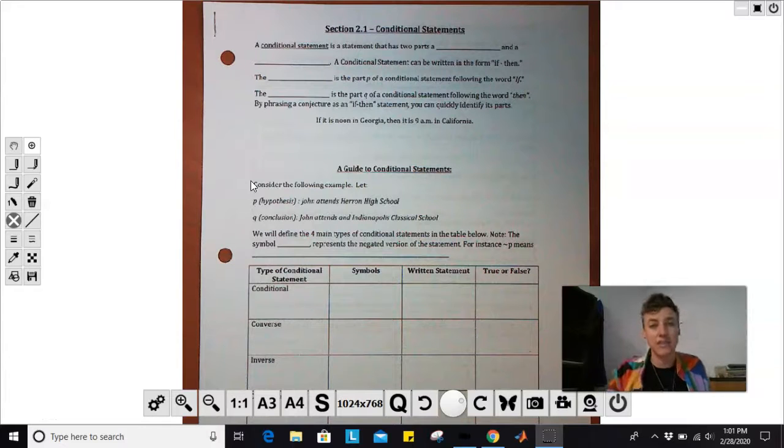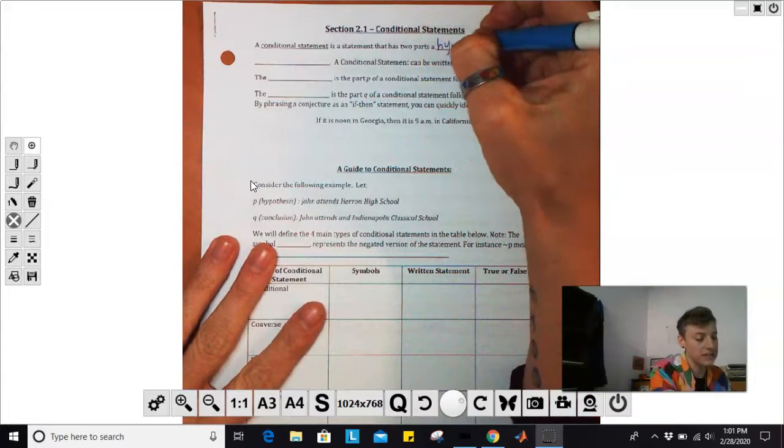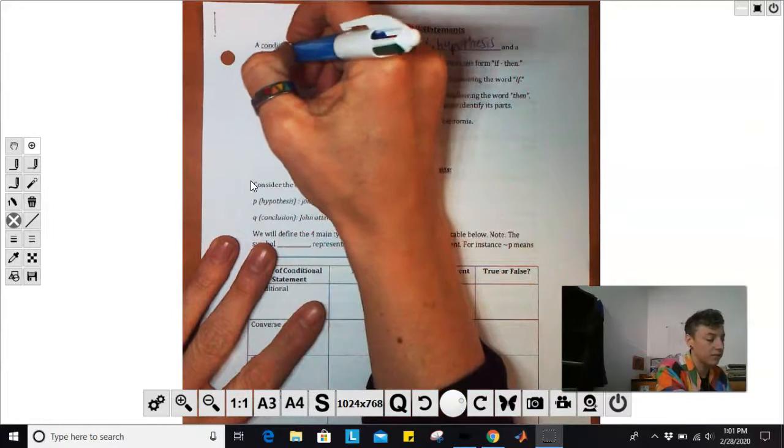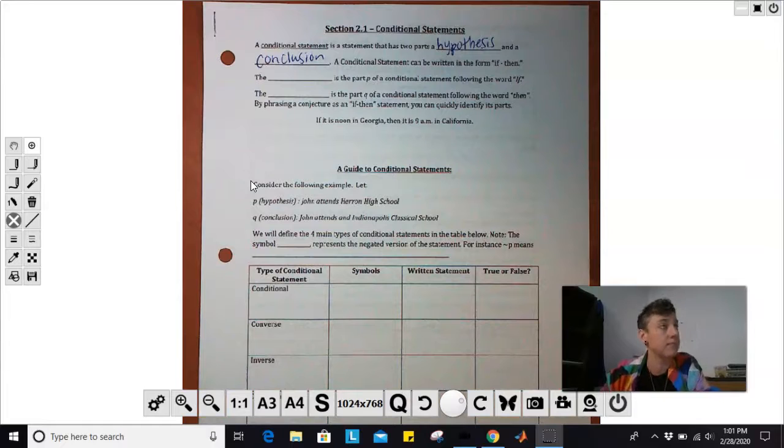A conditional statement is a statement that has two parts, a hypothesis and a conclusion. A conditional statement can be written in if-then form.